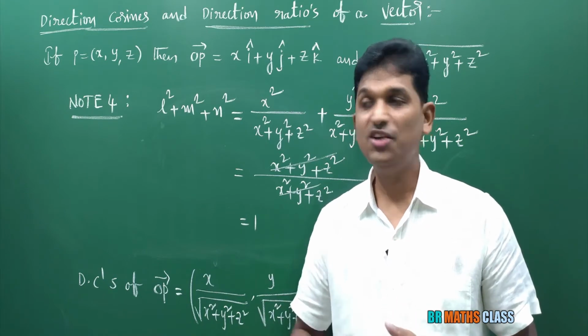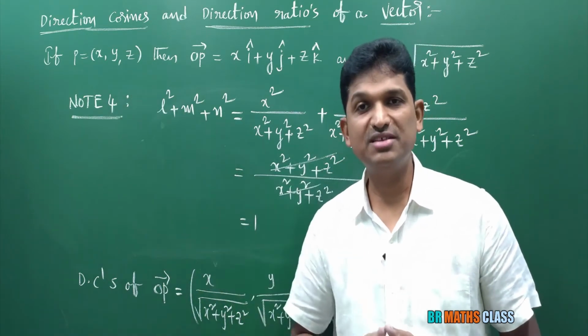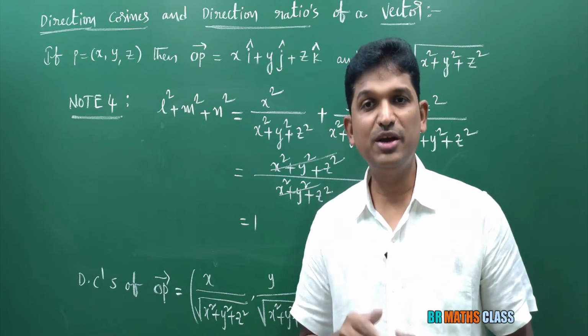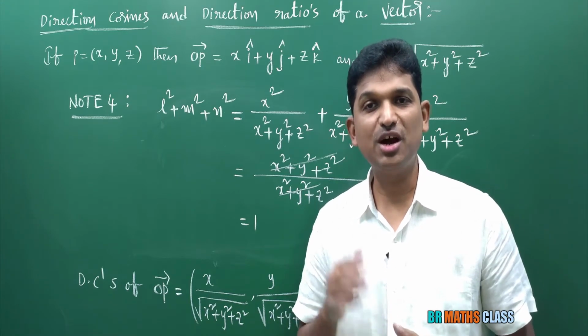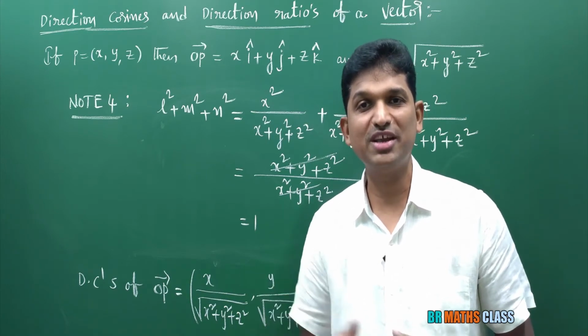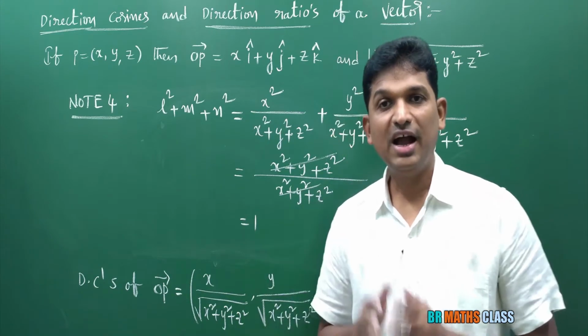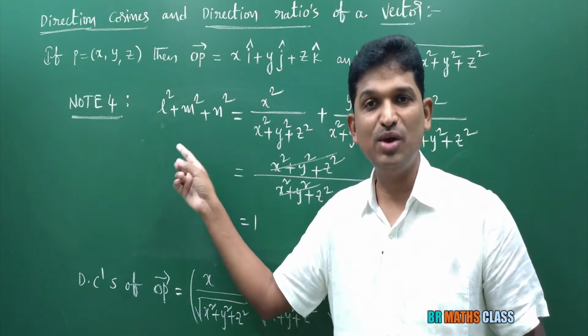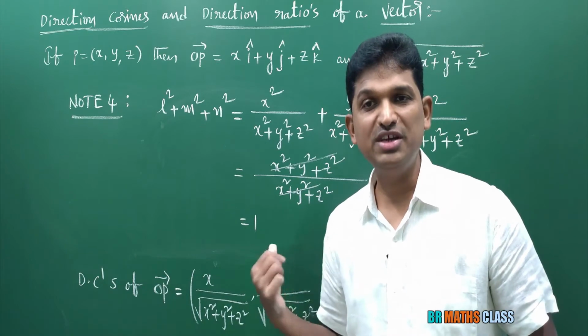Third, if P equal to (x, y, z), then the direction cosines of the vector OP bar are x divided by root over x square plus y square plus z square, y divided by root over x square plus y square plus z square, z divided by root over x square plus y square plus z square. And the fourth point is the relation between L, M, N: L square plus M square plus N square value is 1.